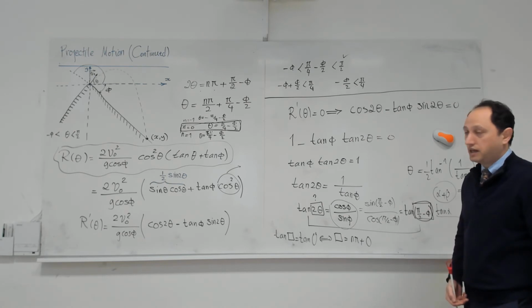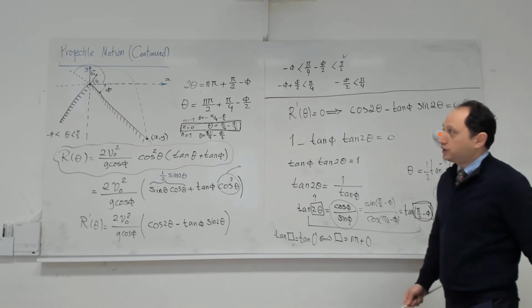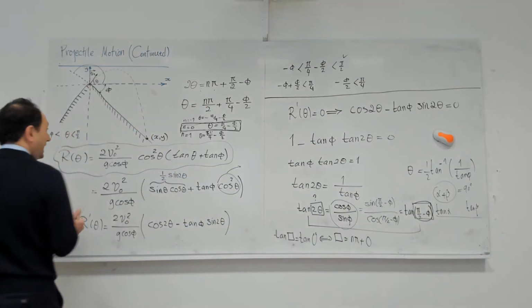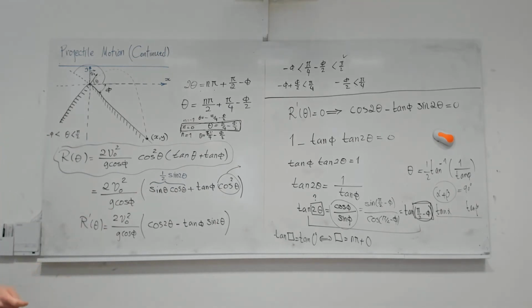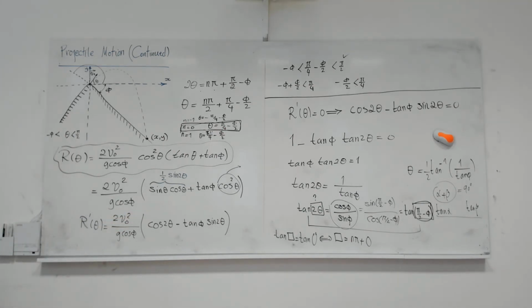How do you answer that question? We know that to reach the maximum range, this athlete should train in a way to be able to throw the rock with this particular angle. Yes? And probably that is achievable. If you practice a lot, probably you will learn how to do that.